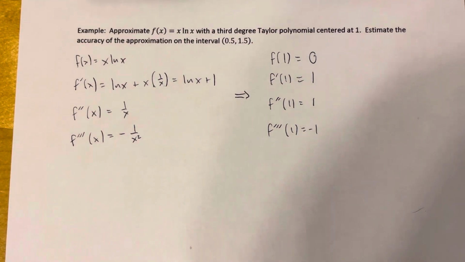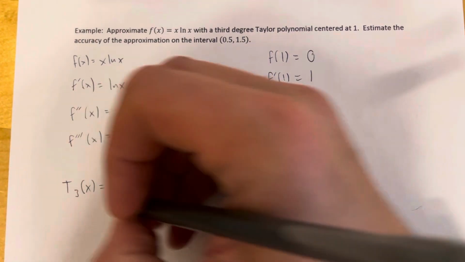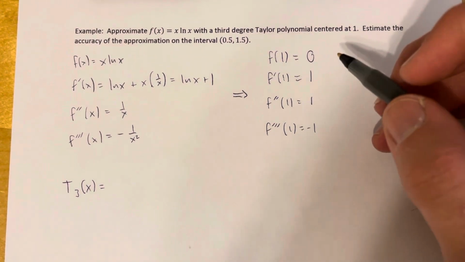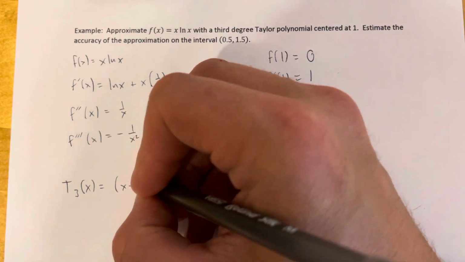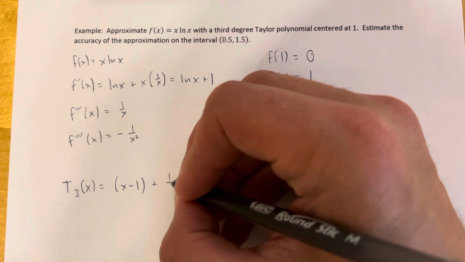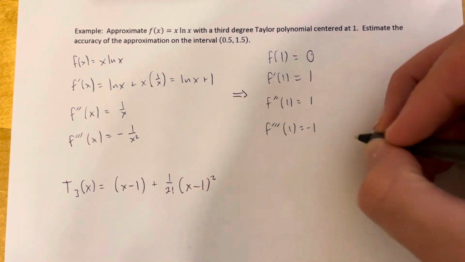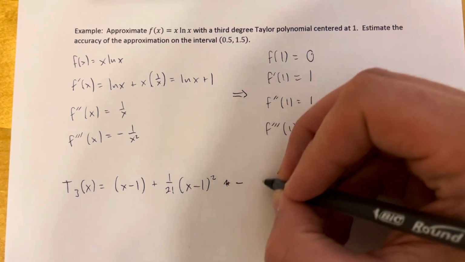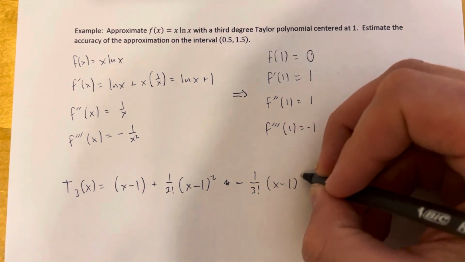So the Taylor polynomial T3 of x is going to equal my constant term, which is 0, don't even need to write that, plus 1 times x minus 1, so I'll just write x minus 1 there, plus 1 over 2 factorial times x minus 1 squared, minus 1 over 3 factorial, x minus 1 cubed.